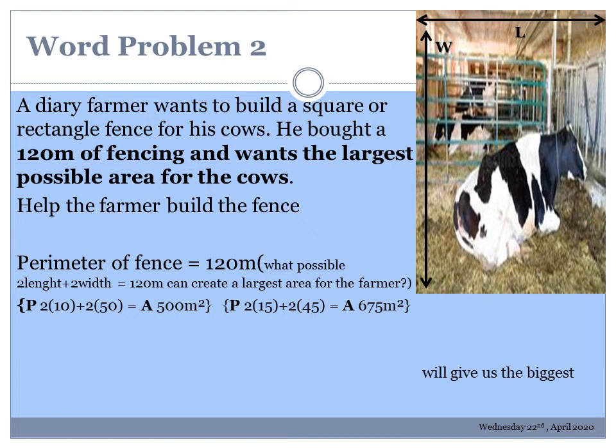Let's see. The second one is 15 length and 45 width. That means 15, 15 for our length, then 45, 45 for our width. That's the perimeter. But let's find this area. If you add all of this together, it will still give you 120.